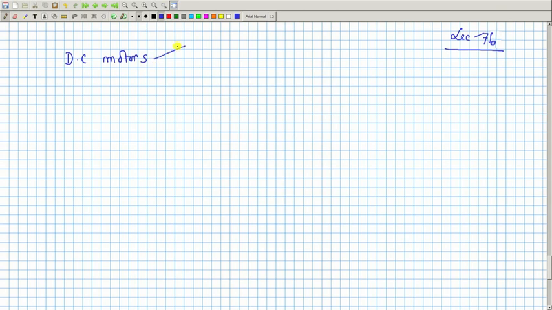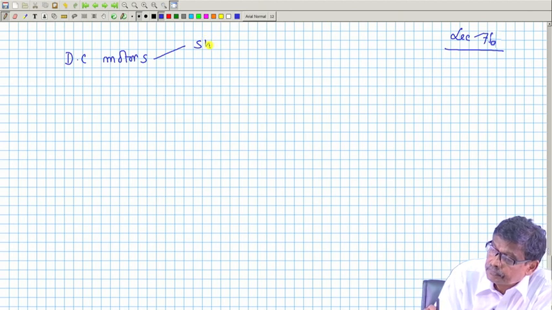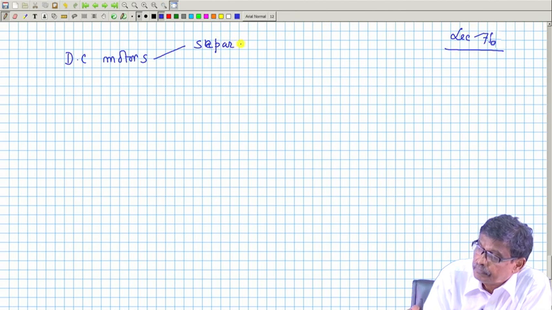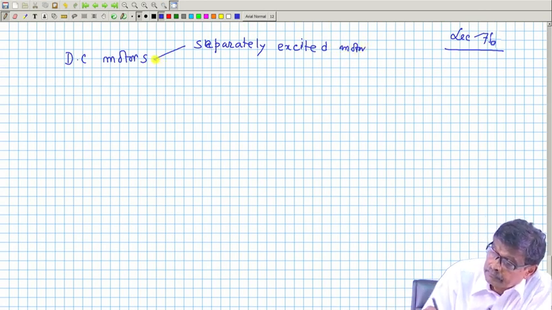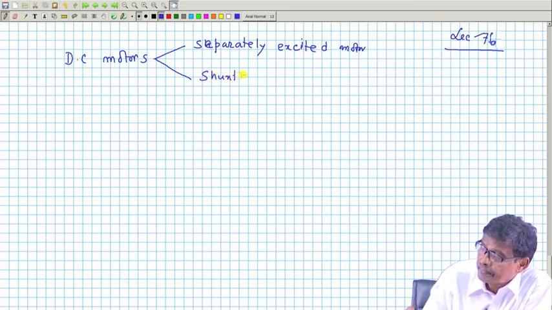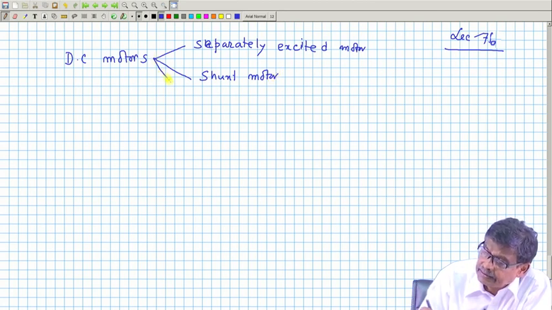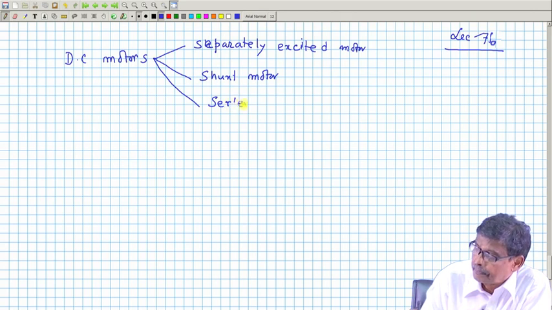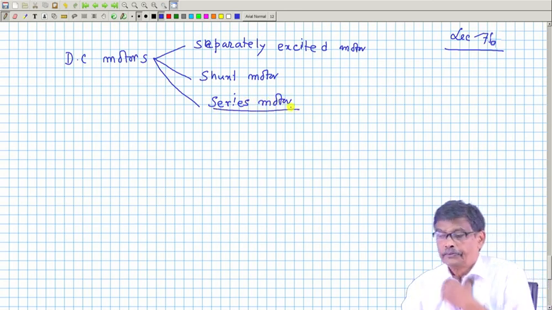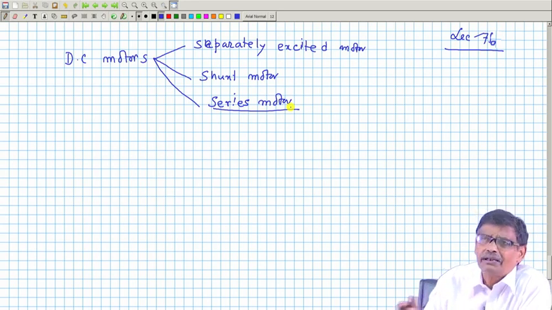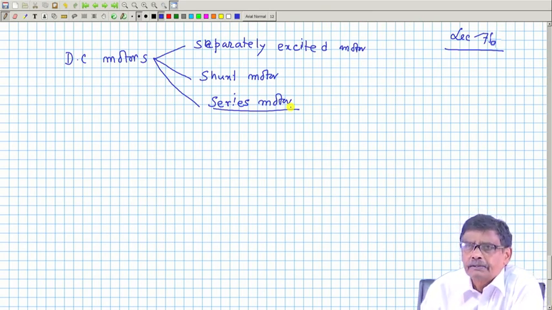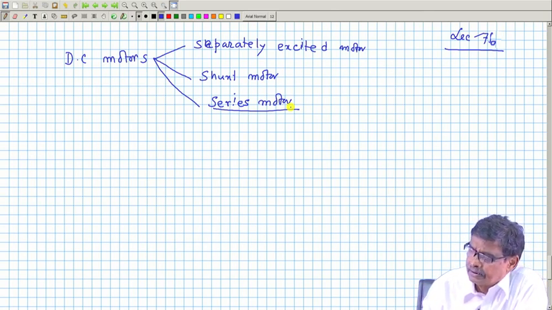One is shunt motors or separately excited motor, and another interesting motor, that is called series motor. We will try to understand each one of them. There are compound motors also. About compound things I will make a general statement at the end, the computations are similar. There are compound generators and compound motors also.